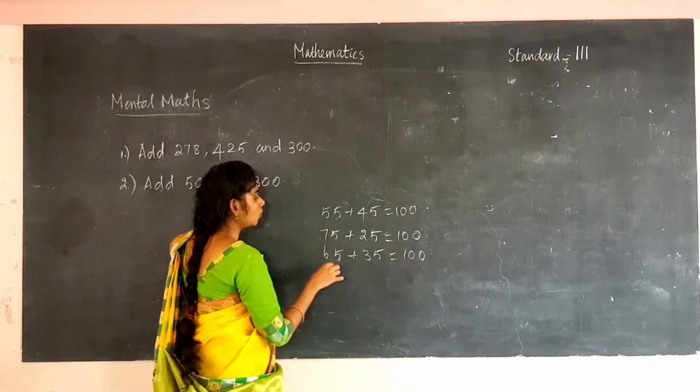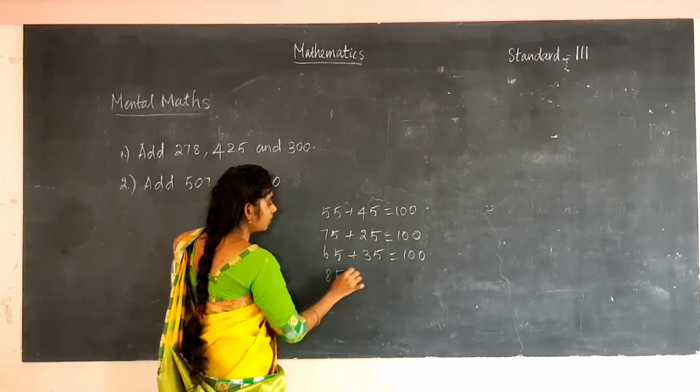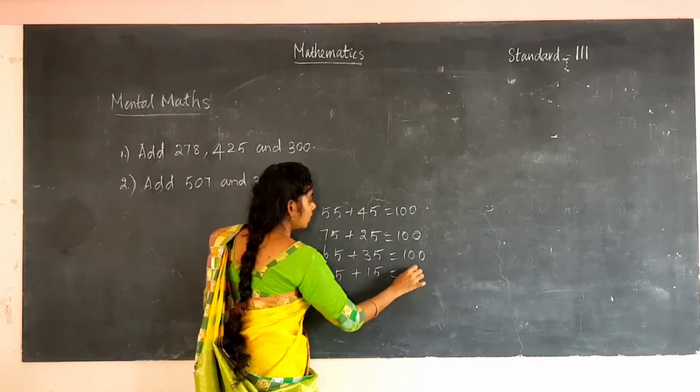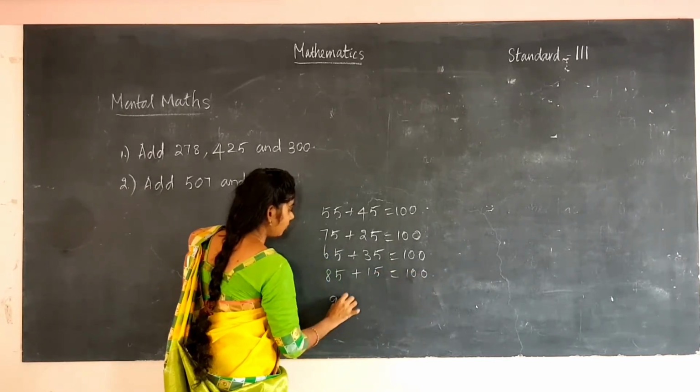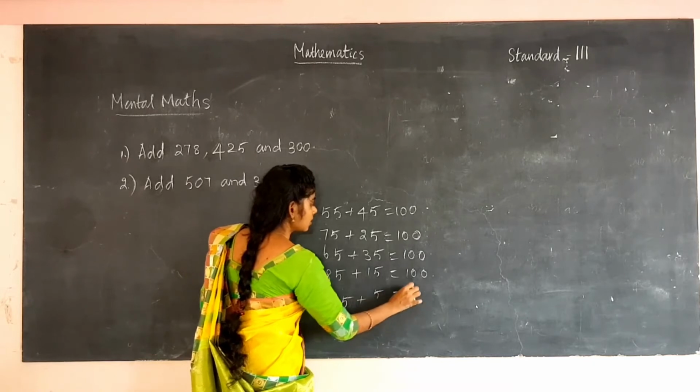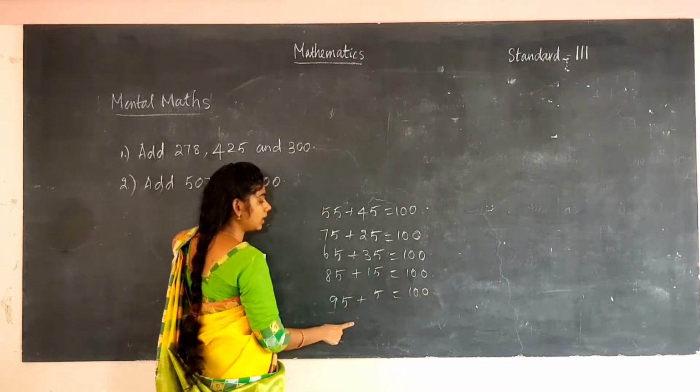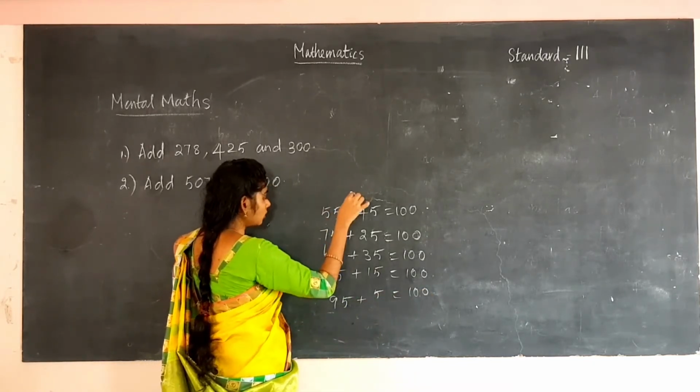And 85 plus 15 is 100, and 95 plus 5 is 100. These are some of the friendly numbers you must come to know.